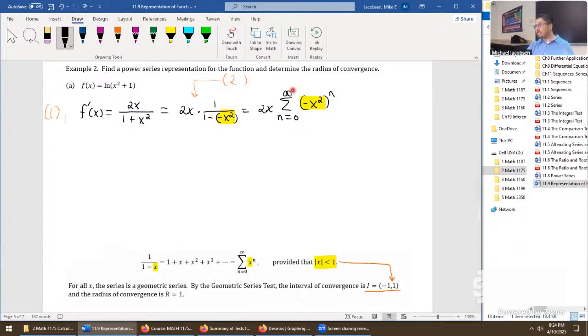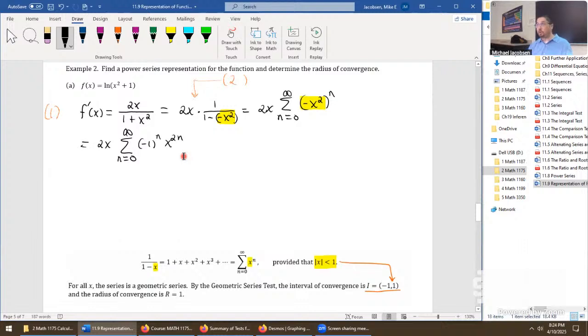So next step, let's say that this is equal to 2x, sum from 0 to infinity of -1 power of n, x to the power 2n. So we broke up the exponent n here. N is multiplying 2 to get the 2n. You still don't want to integrate this because now you're integrating x times a power series representation.